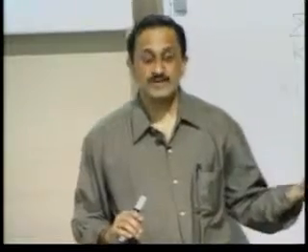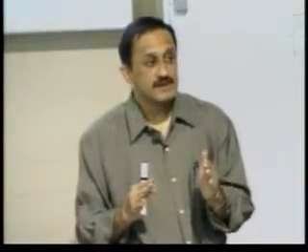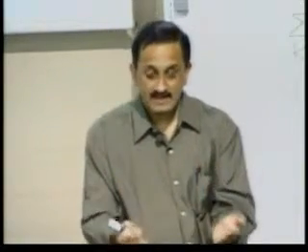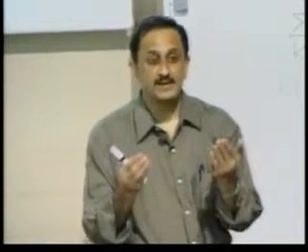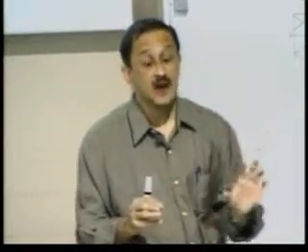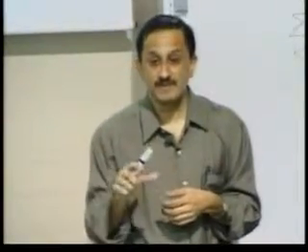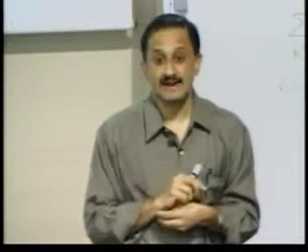We have said, in the Fourier series representation, that if you have a function that is periodic with a period T, for a reasonable class of functions, I could think of the function x of t as a linear combination of e raised to the power j k omega naught t, where omega naught is 2 pi by T. So, now I am emphasizing the 2 pi by T part.